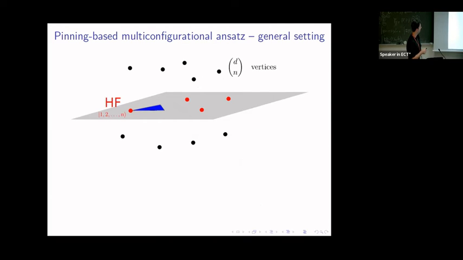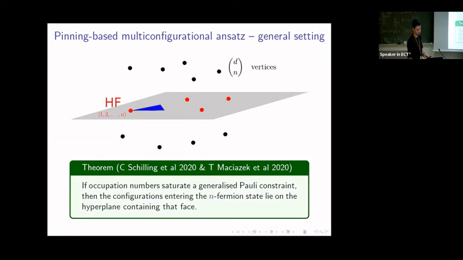Take the hyperplane containing this phase and select the configurations that are mapped to this phase. Okay, that's what this theorem says. If occupation numbers saturate a generalized Pauli constraint, then the configurations entering the n-fermion state lie on the hyperplane containing that phase.